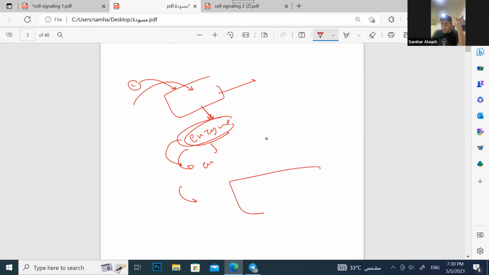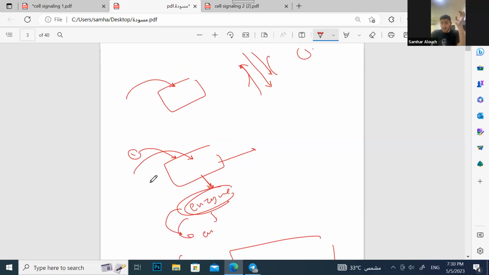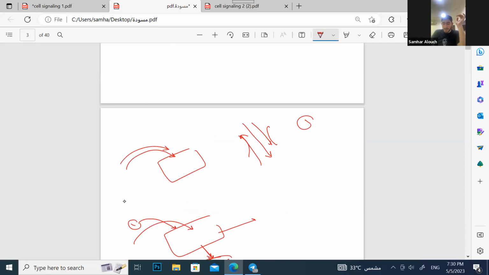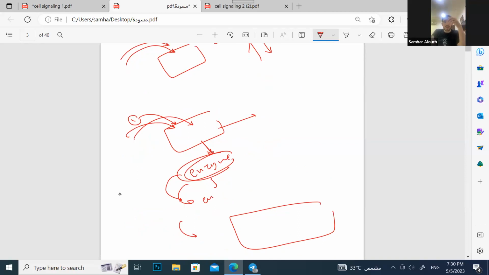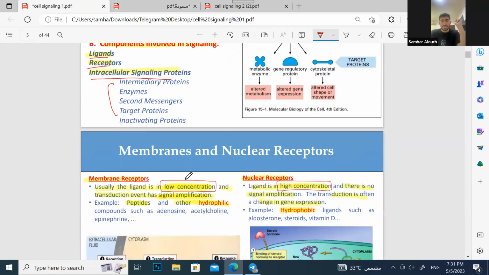So at the end, we will have a very big response. Not like here, if one molecule binds, it will open the channel, causing maybe one ion to enter, and that's it. But here, after the ligand binds, it will cause an internal signaling pathway that causes many enzymes to get activated, and it causes something called amplification of the response. So one molecule may cause a very big response. Okay, is it clear?